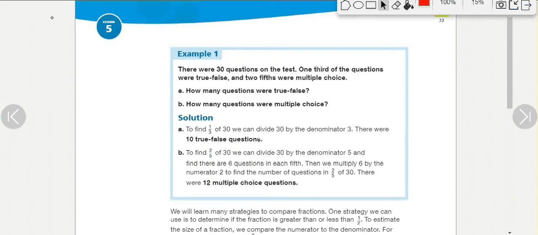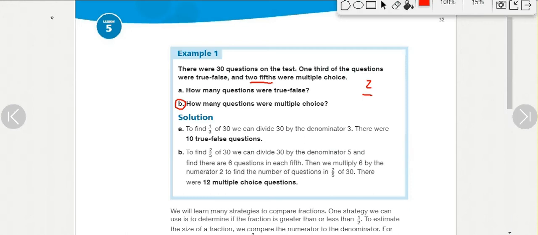Example 1: there were 30 questions on a test. 1/3 were true or false. 2/5 were multiple choice. I'm just going to pick the multiple choice one to show this again. 2/5 shown in words is the same as saying this fractional part, 2/5, of. What operation is of? Times.